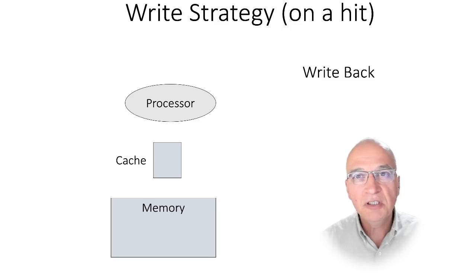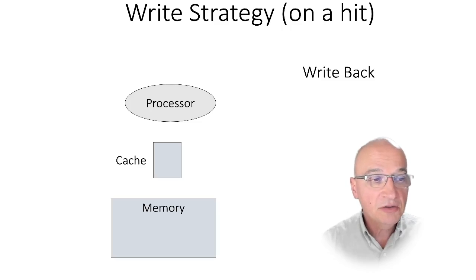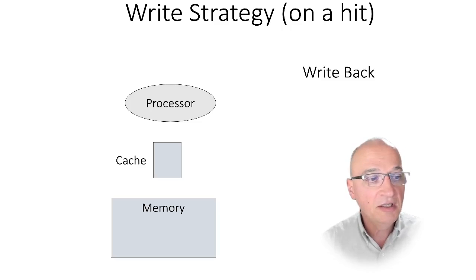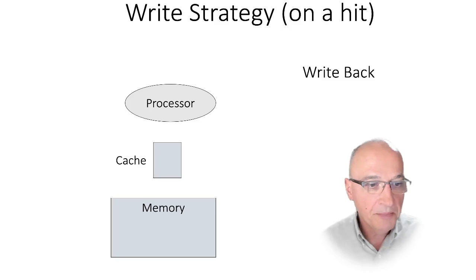And we are considering a memory hierarchy with only two levels because it's easier to discuss the policy in two levels of memory hierarchy, but the same policy can be applied to any levels in the hierarchy. It's just that the write will then go from the L1 data cache to the L2 cache, or from the L2 cache to the L3 cache, from the L3 cache to the memory, etc.